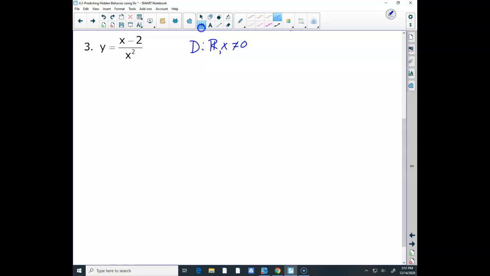And when I'm looking at this, how do I know 0 is out? Because that gives me undefined down there. And I know at x equals 0, I have a vertical asymptote, not a hole, because if I plug that 0 in there, I get negative 2 over 0, which is a vertical asymptote.